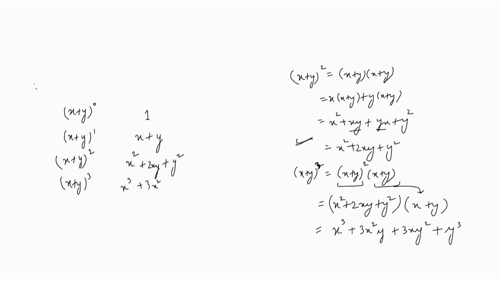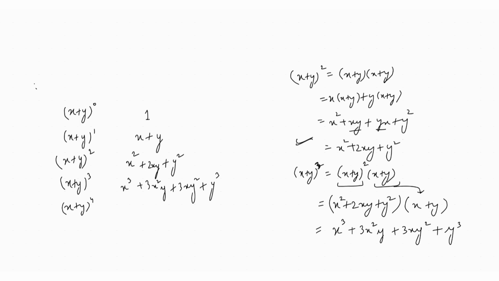Now, if I ask you to tell me what is x plus y whole to the power 4, you will have to open the bracket 4 times. x plus y, x plus y, x plus y, x plus y, right? So every time it is going to be difficult.